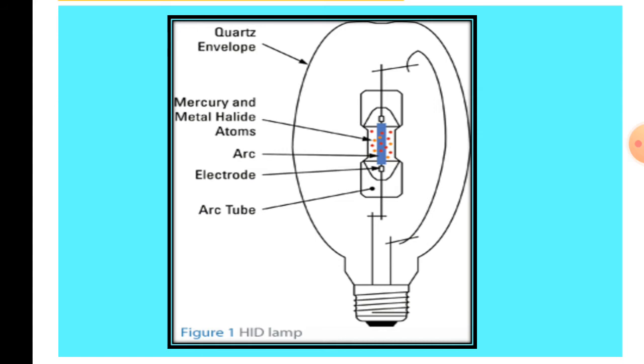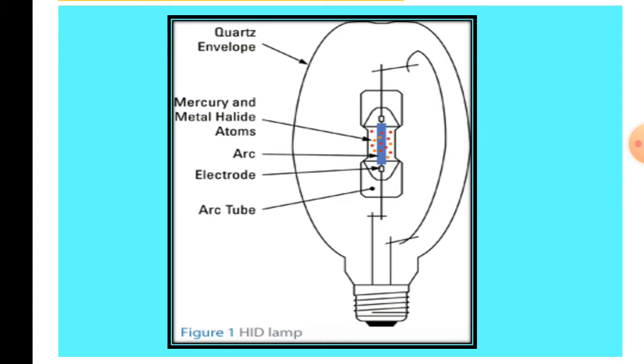When such metals like sodium, iodide, thallium, indium, etc. are introduced into the mercury arc tube, the mercury spectrum is suppressed, reducing the ultraviolet radiation, but the added metal atoms partly compensate by causing a wide range of spectral bands to be emitted.